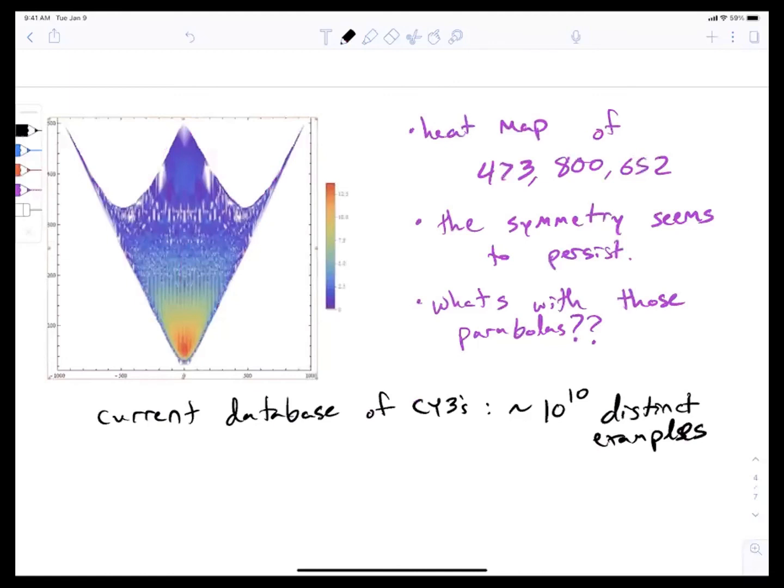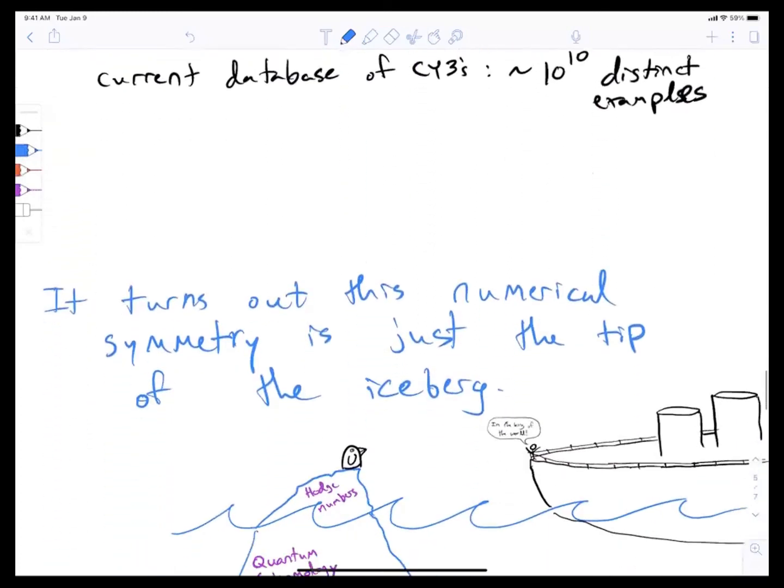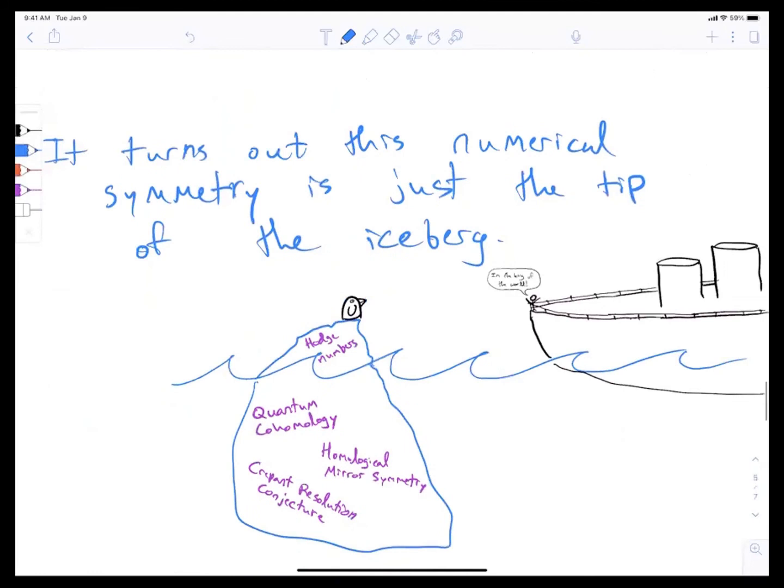And so there's this symmetry, right? And so there's this question about what's going on with this symmetry. And it turns out it's really just the tip of the iceberg. So what we've been looking at are Hodge numbers, these A's and B's, but there's actually a lot of invariance much deeper than just counting the number of holes, where this symmetry also happens.